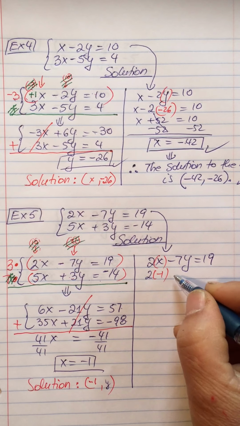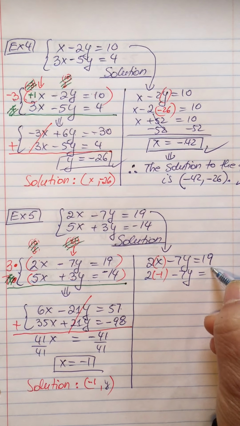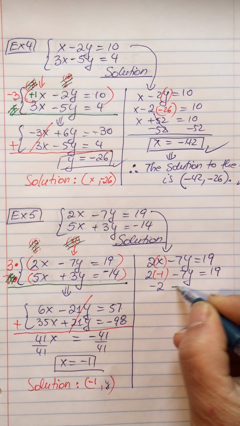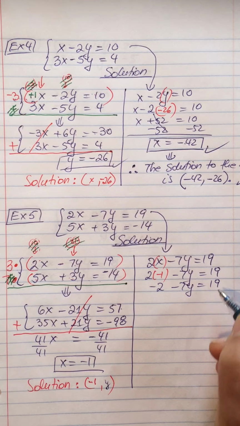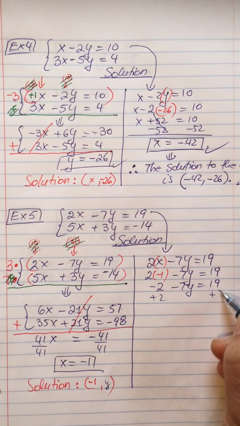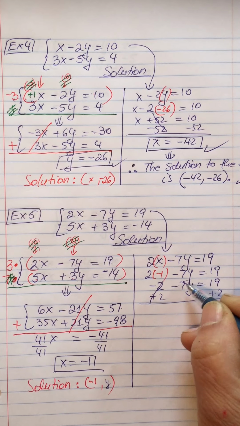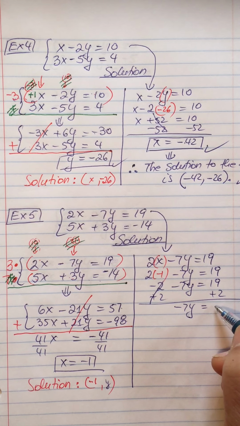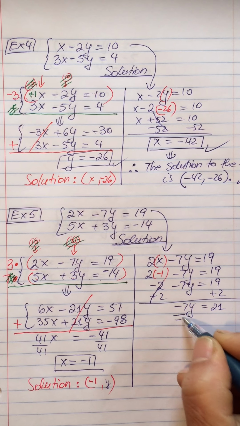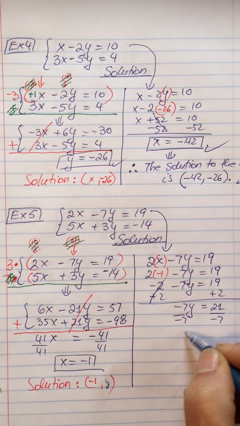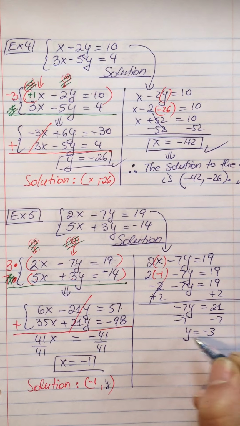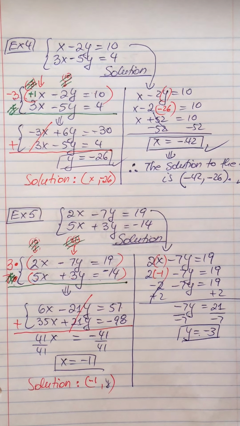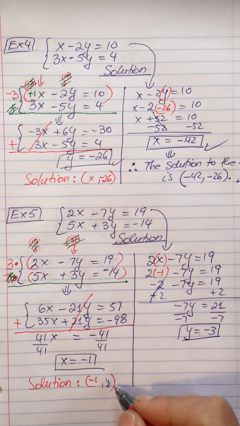And I have 2 times negative 1 minus 7y equals 19. 2 times negative 1 becomes negative 2. Adding 2 to both sides to leave y alone, I now have negative 7y equals positive 21. Dividing by negative 7 on both sides, I get y is negative 3, which is the second value in my solution.